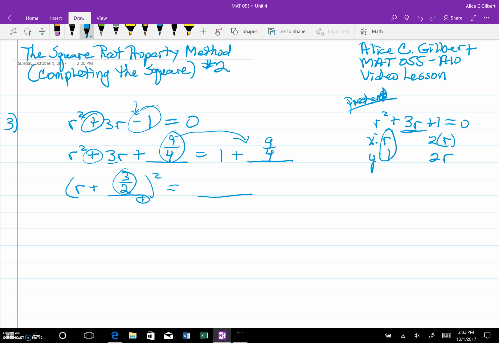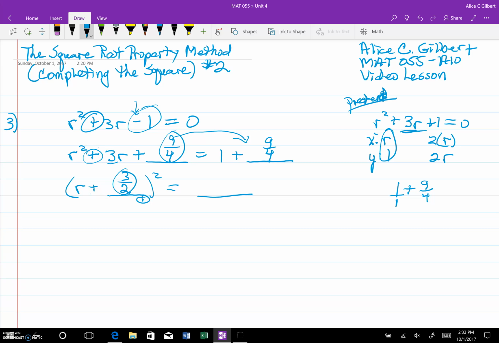Oh, now how am I going to add 1 plus 9/4? Stop for just a second and see if you can get this. Try the answer and then come back and see how you did. Well, guys, 1 plus 9/4, this is 2 fractions basically needing to be added. How do I turn this guy into a fraction?